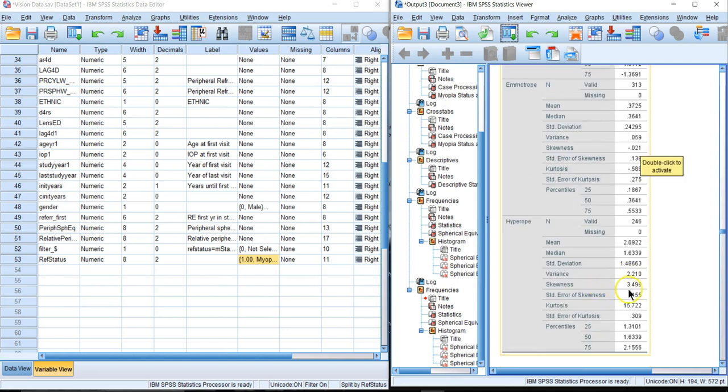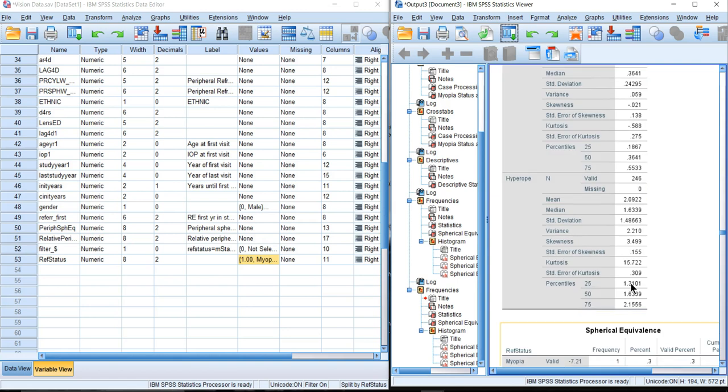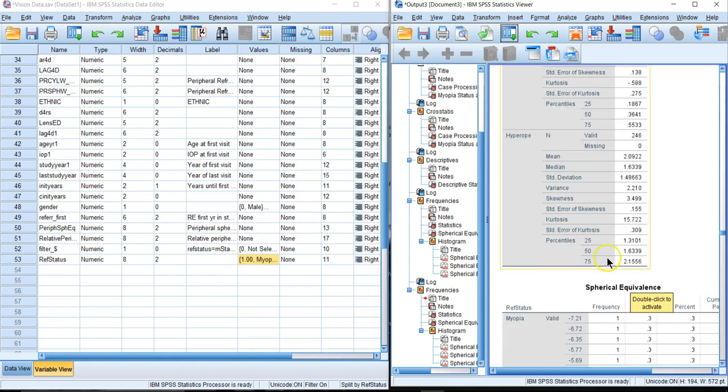And here, notice our skewness is really skewed at 3.499, but that's skewed to the right. So we have quite a few really high hyperopes. We get the percentiles. Okay, kurtosis is kind of an issue too.